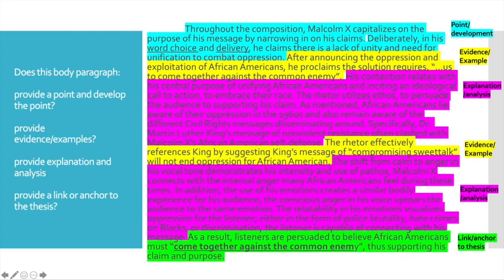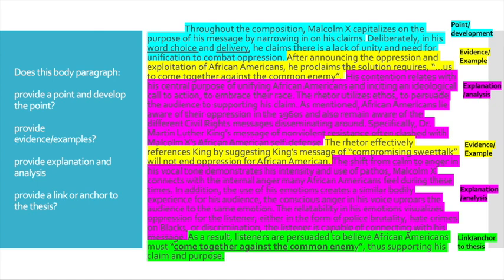Here's another example. In this particular example, and this is the same essay by the way, the writer decided to begin with the point and then provide evidence and then some analysis and then some more evidence and then some more analysis and then link it to the thesis.